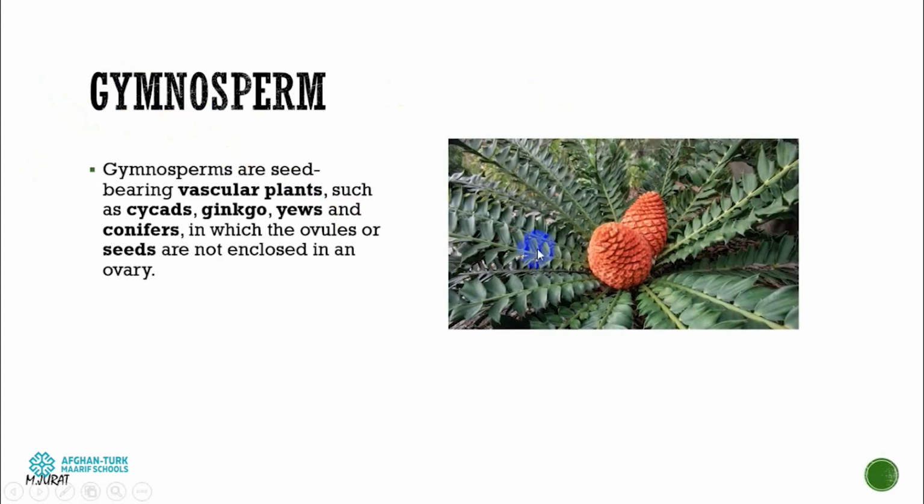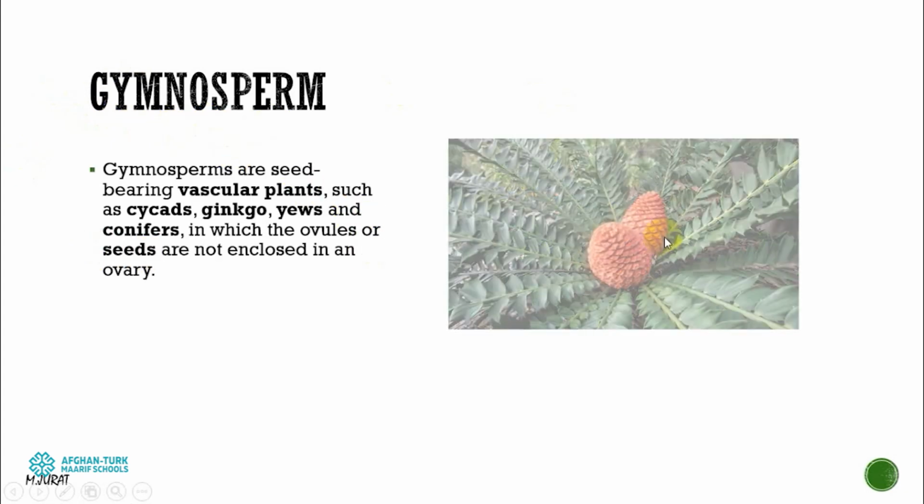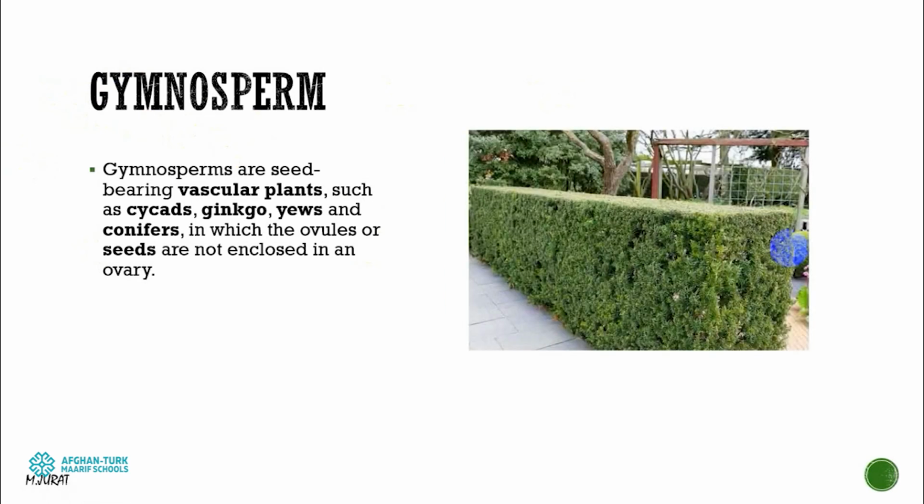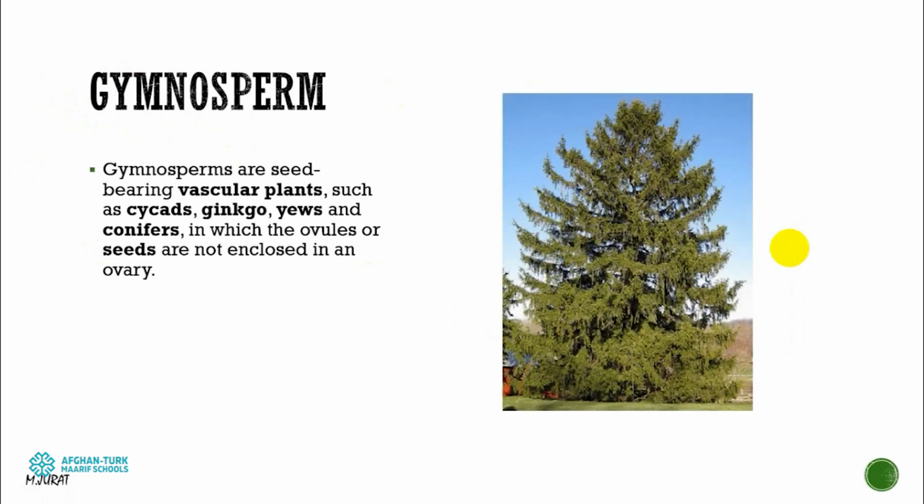As we said, seed plants are of two types, gymnosperm and angiosperm. Gymnosperms are the kind of plants which cannot grow flowers. Cycads, ginkgos, yews and conifers go in that category.